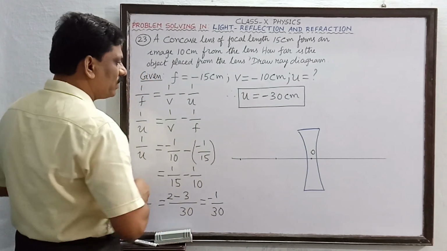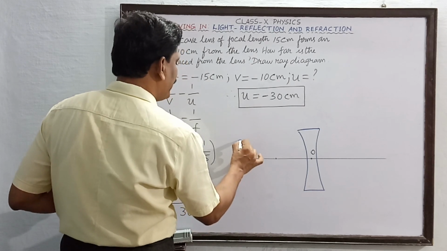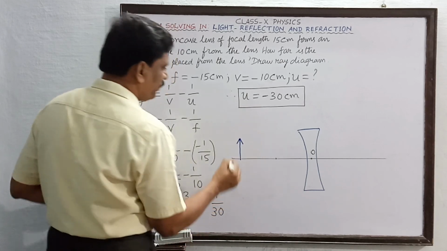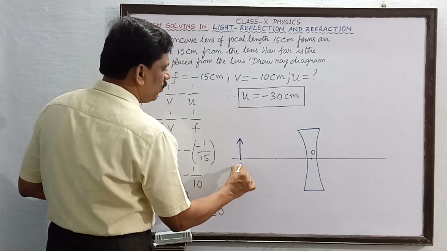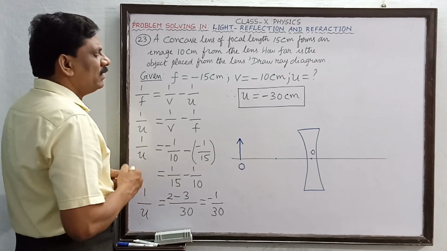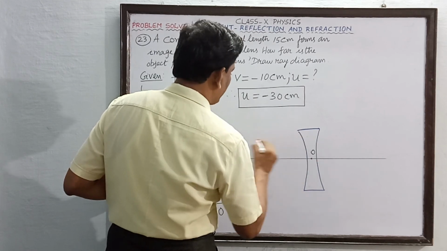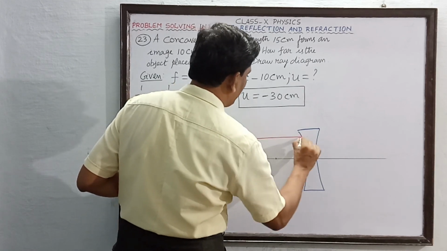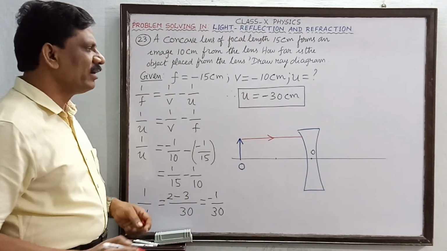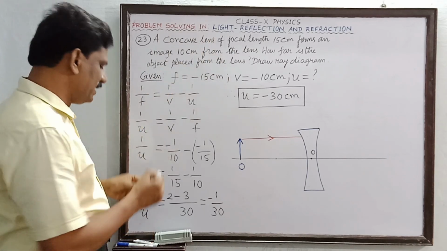Okay, students. So here is the object. So this is 15, this is 30, so I will place the object here. So this is the object O. Now a ray of light parallel to the principal axis. So when it falls on the concave lens, it will be diverging, is it not?